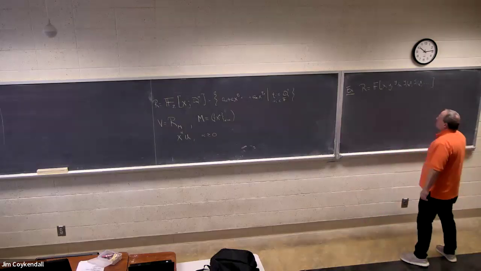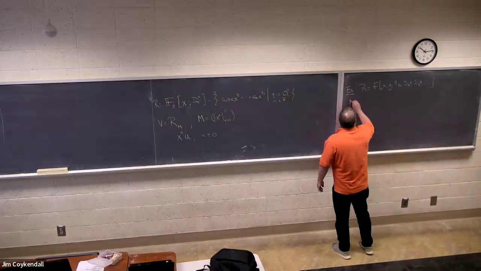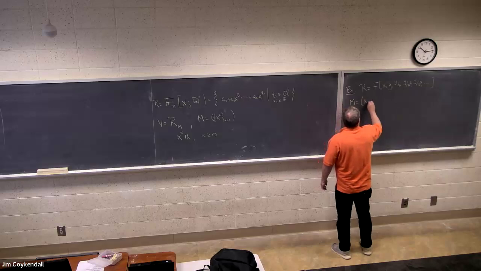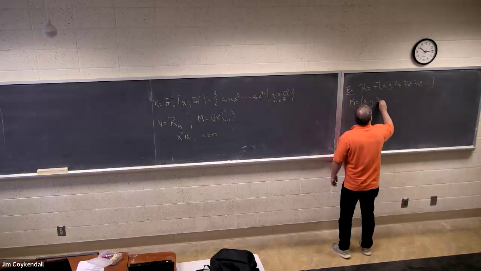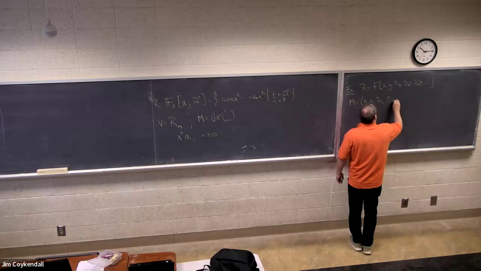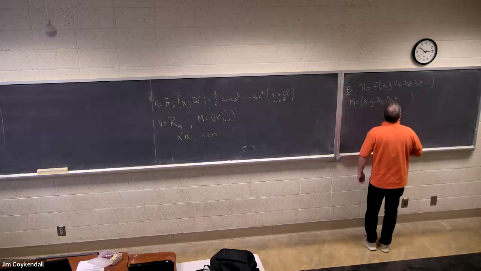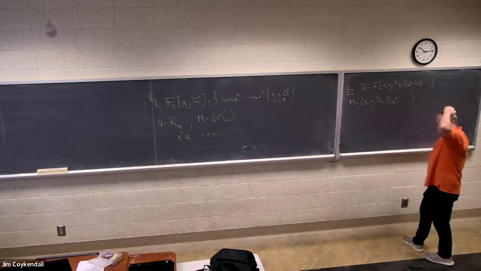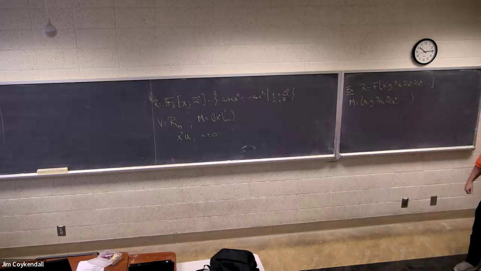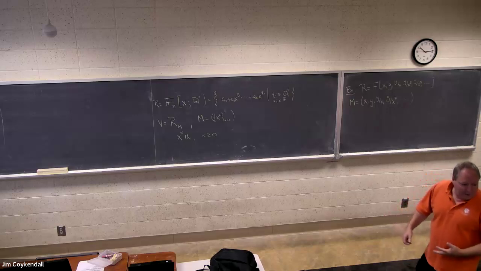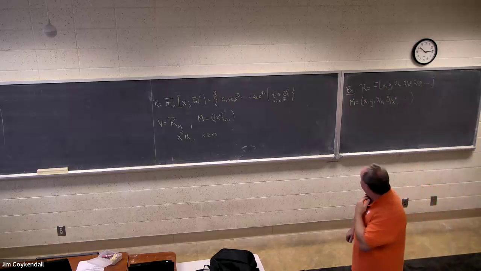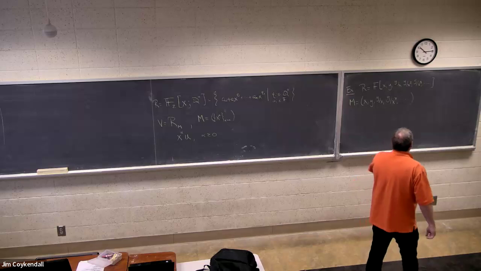Now, if you look at the ideal M, it is generated by all these rational functions that I have here. This is a maximal ideal, because if you look at R mod M, you get a field. So this is a maximal ideal. This is a big boy.